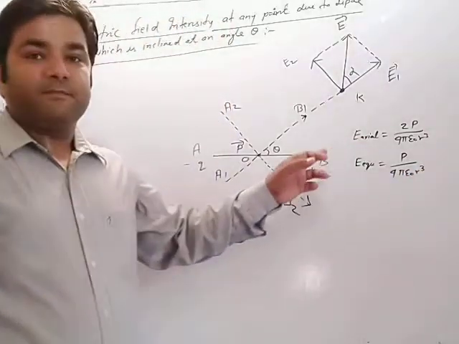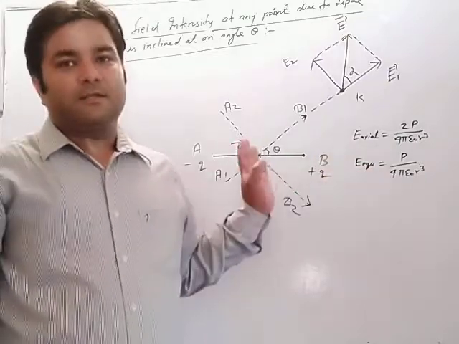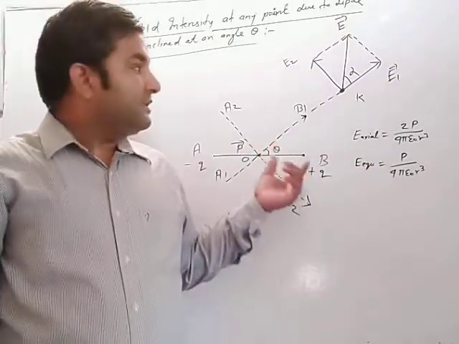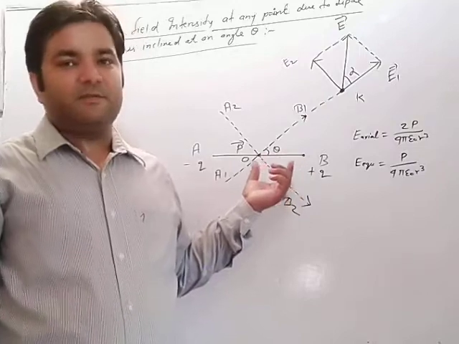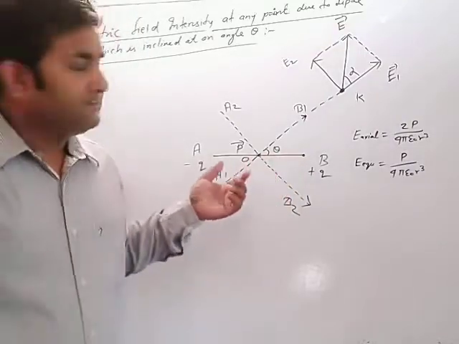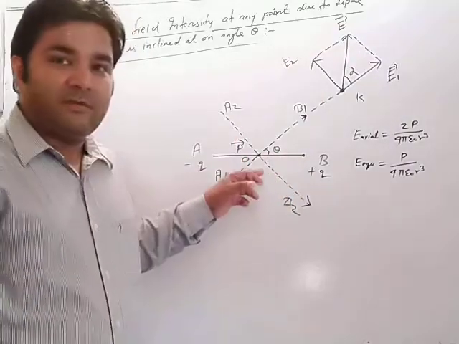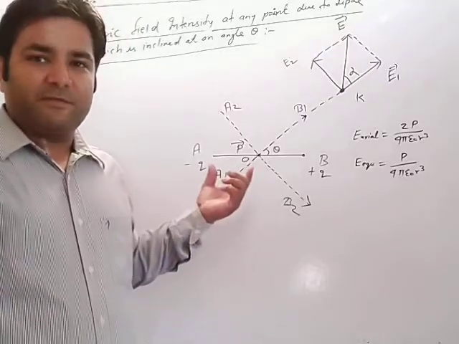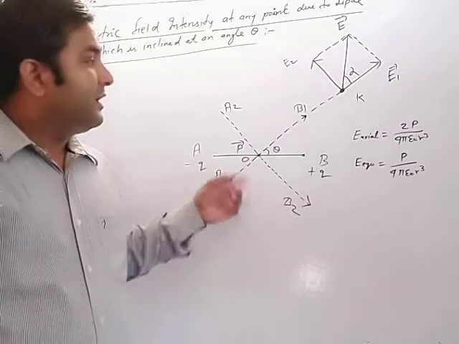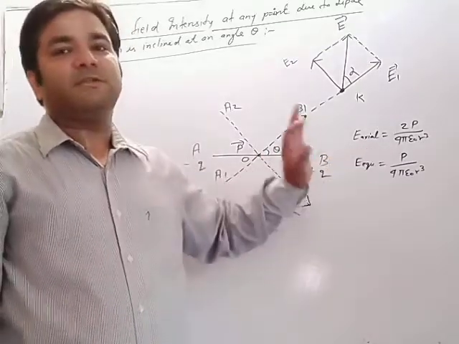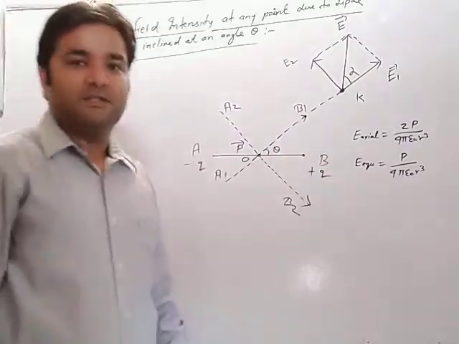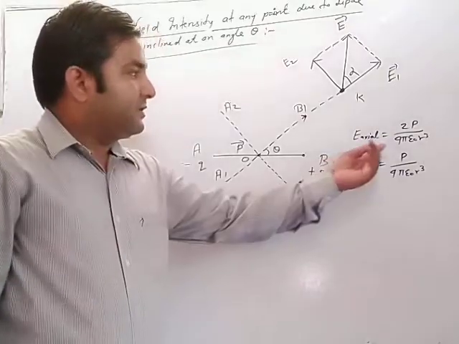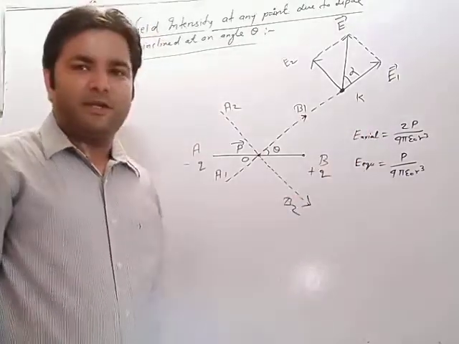These two formulas we will use directly because this is the special or standard case. The formula we obtain is very important. With its help, we can obtain these equations directly by putting theta equal to 0 degrees or 90 degrees.